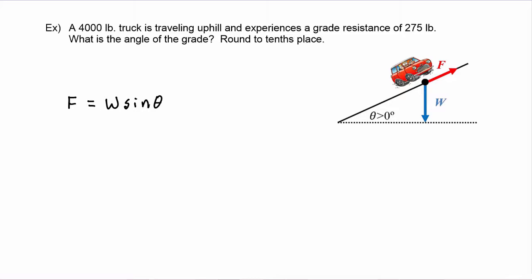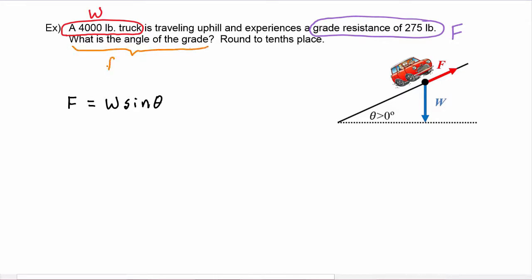Now, we're told that we have a 4,000-pound truck, so we know that's going to be W. We're also told that it experiences a grade resistance of 275 pounds, and we know that that is F. And the question asks us, what is the angle of the grade? So it's asking us to find theta.